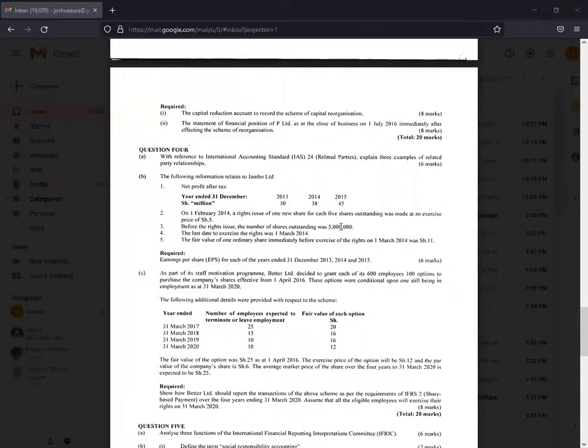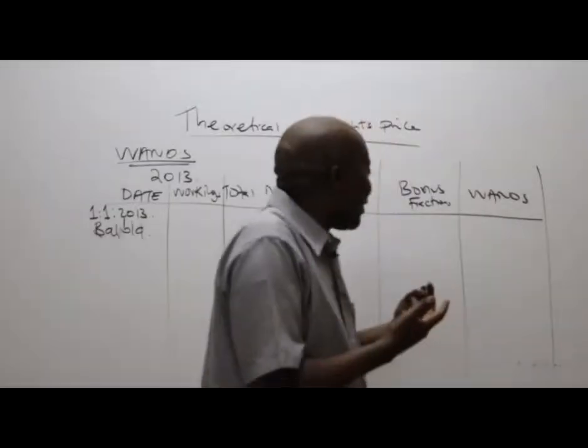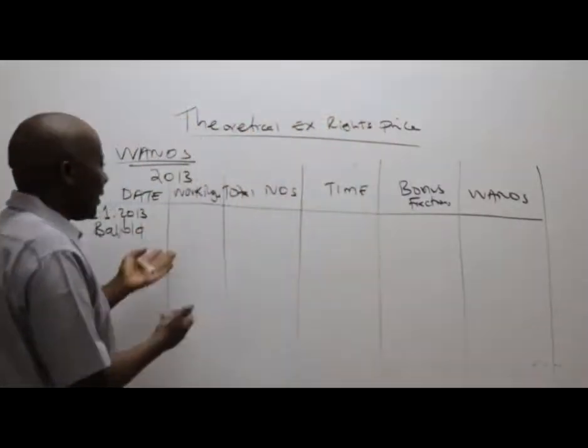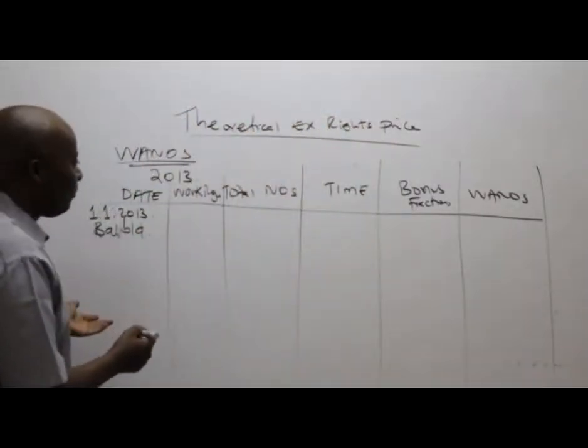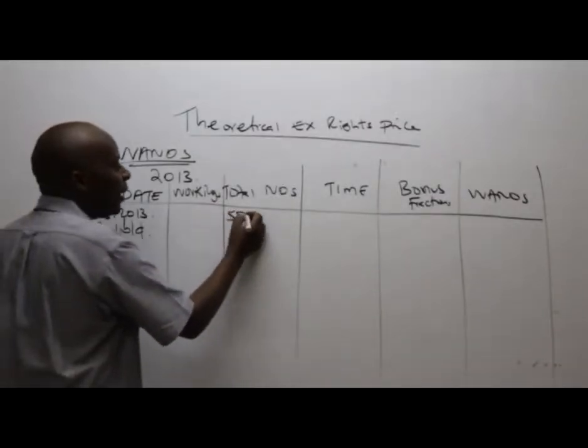Ladies and gentlemen, before the rights issue, which took place in 2014, we've been having how many shares? 5 million shares. So 2013 is closed. I ought not even to have drawn this kind of a big table for 2013. Because in 2013, the total number of ordinary shares here was 5 million.